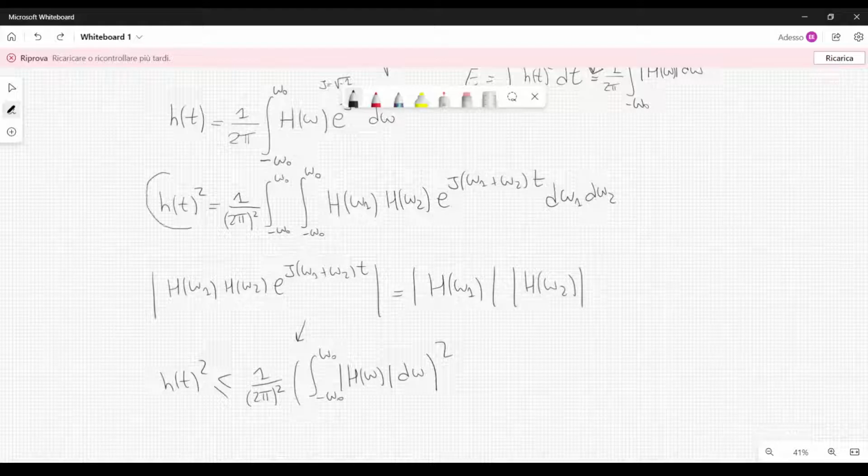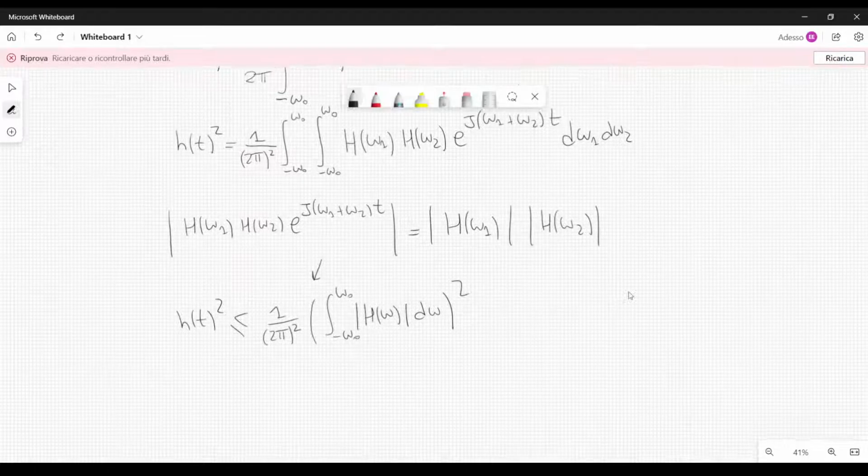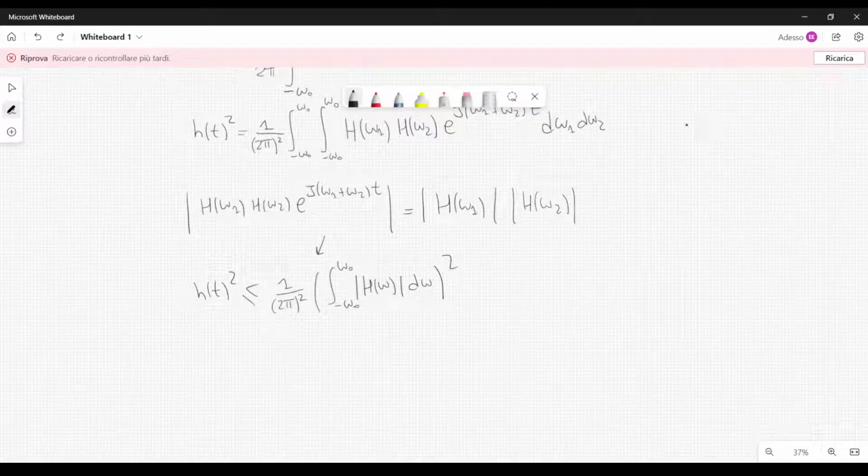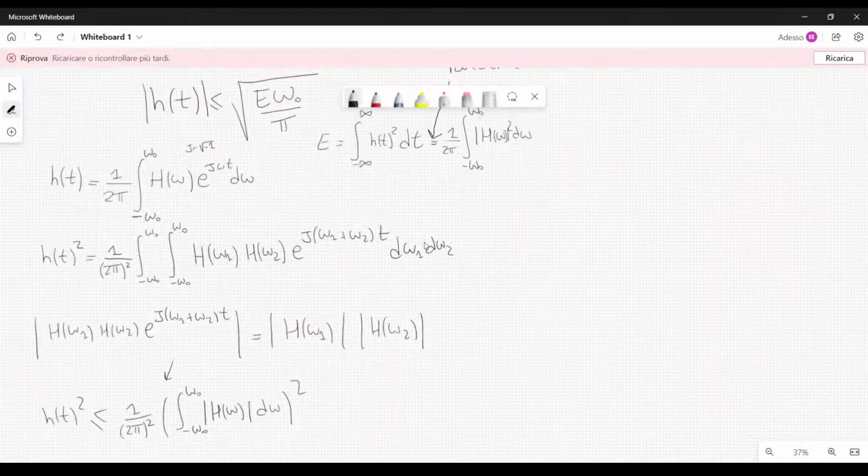So we already know that this is a positive quantity. So if we want to prove this, we know that this is equal to 1 over (2 pi) squared. And here I can put the absolute value because I know that this quantity here is positive. So I can also put the absolute value there.